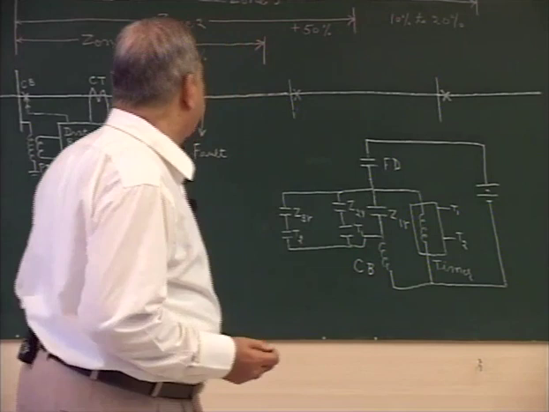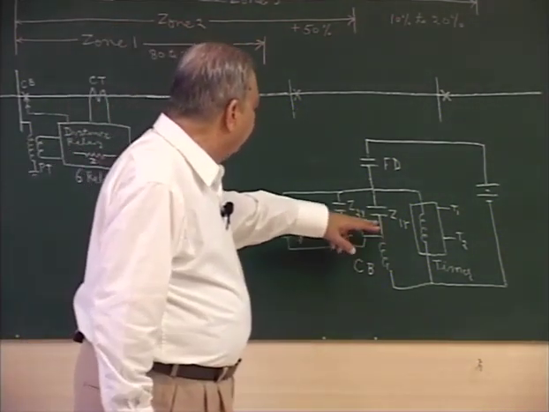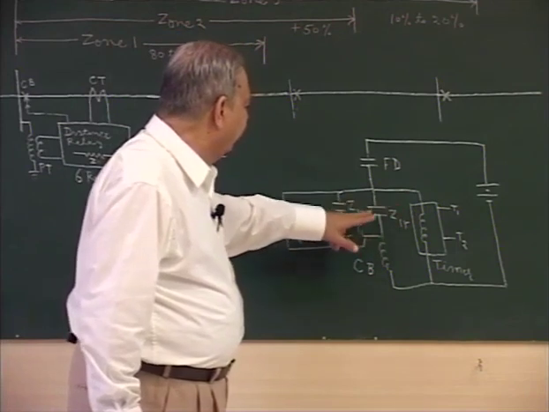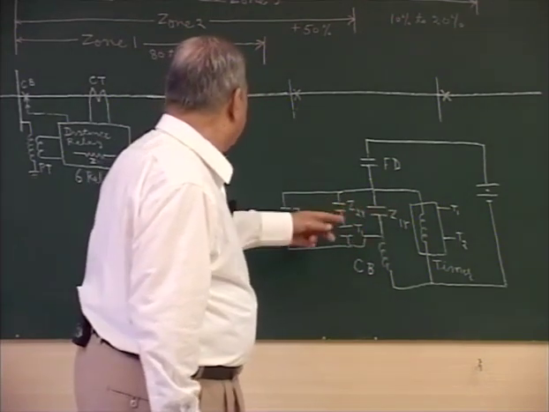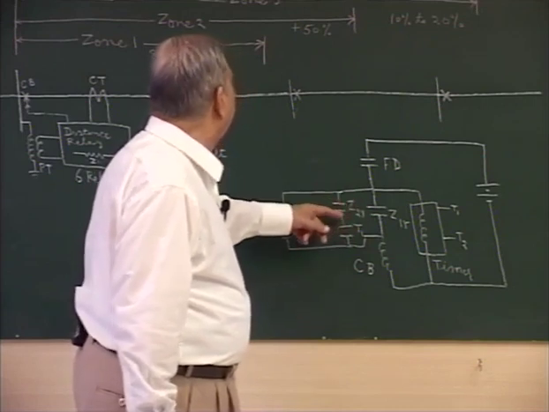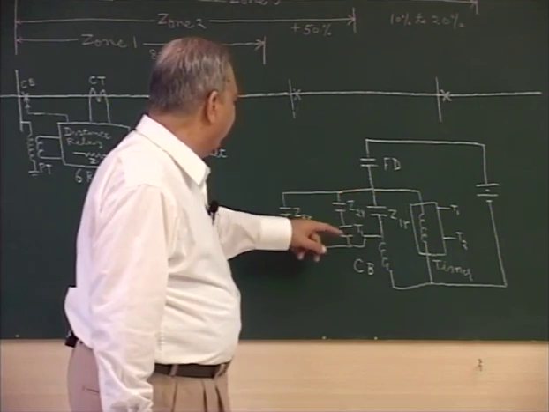In case the fault is in the second zone, then first zone Z1R will not operate, but the replica impedance will change, and it will correspond to the first line plus 50% of the second line.